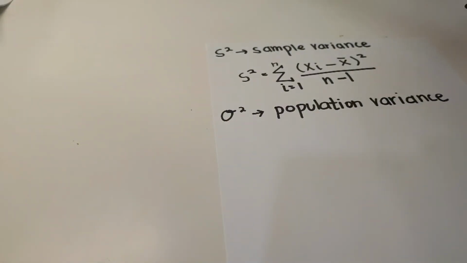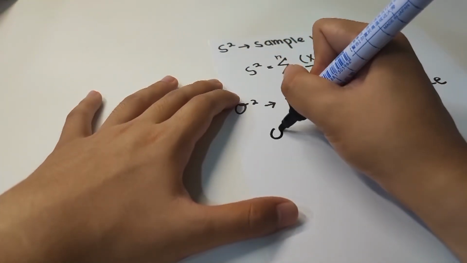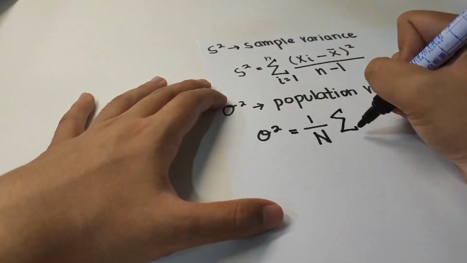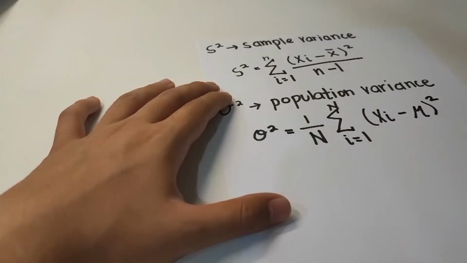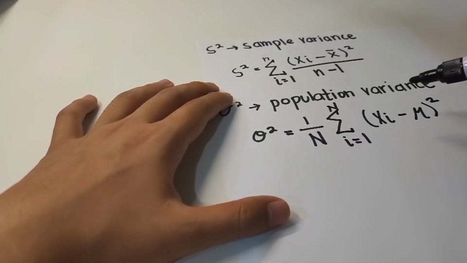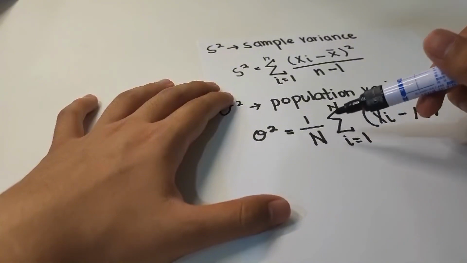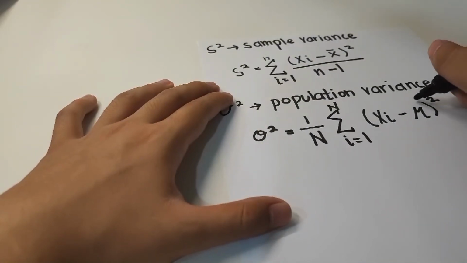Now, the formula for population variance is sigma squared is equal to the sum of (xi minus mu) squared over n. Once again, xi is the individual sample values, while n is the sample size for the population, and mu is the population mean.